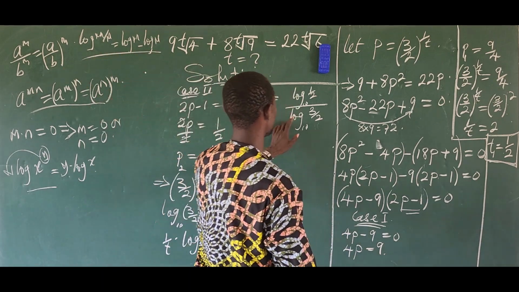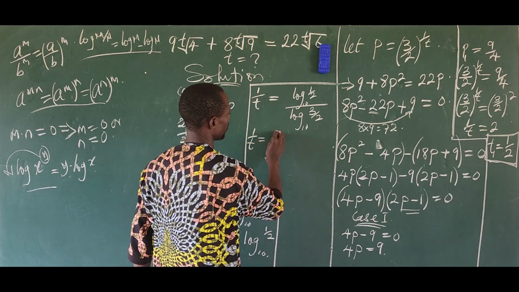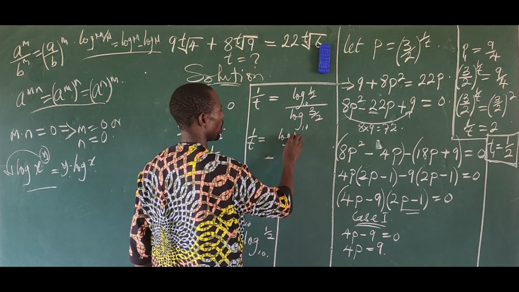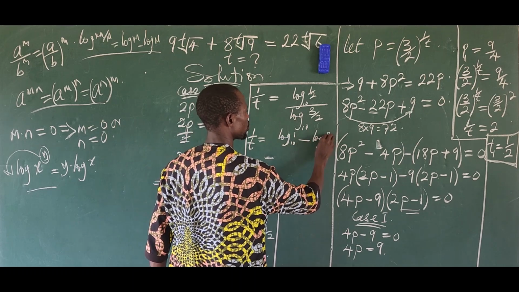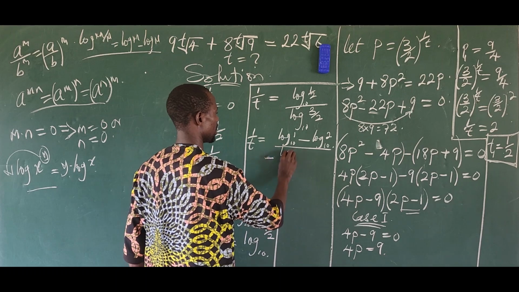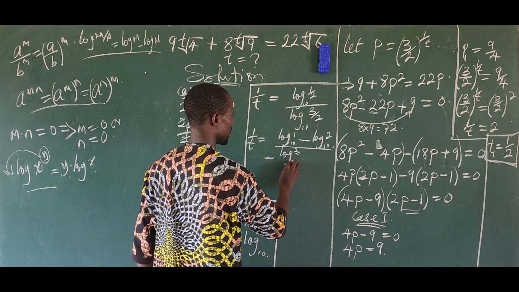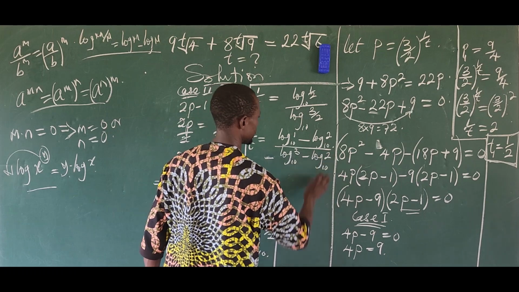Applying this, 1 over t is equal to log 1 base 10 minus log 2 base 10, all over log 3 base 10 minus log 2 base 10.